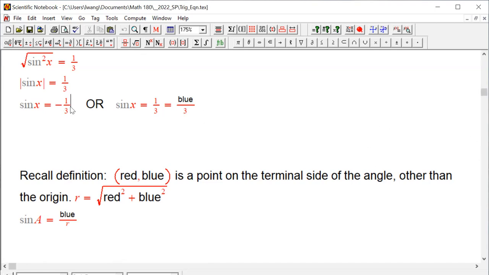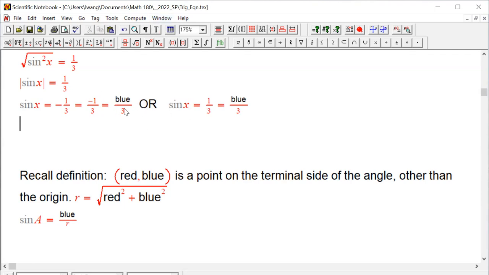And over here it's also blue over r, and here we write it as negative 1/3. r is always positive.